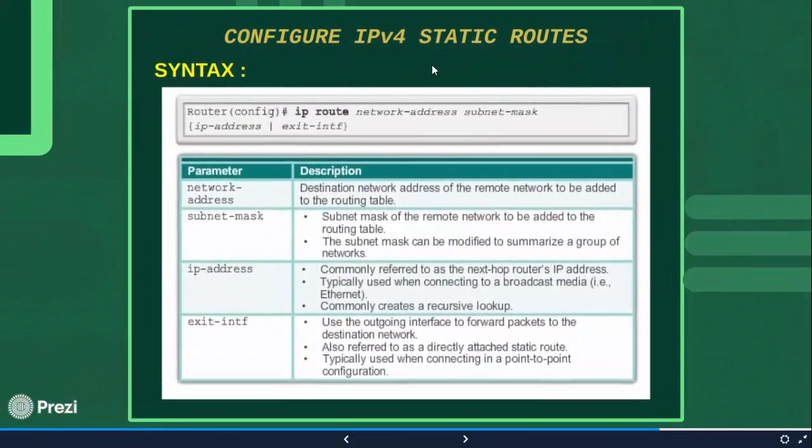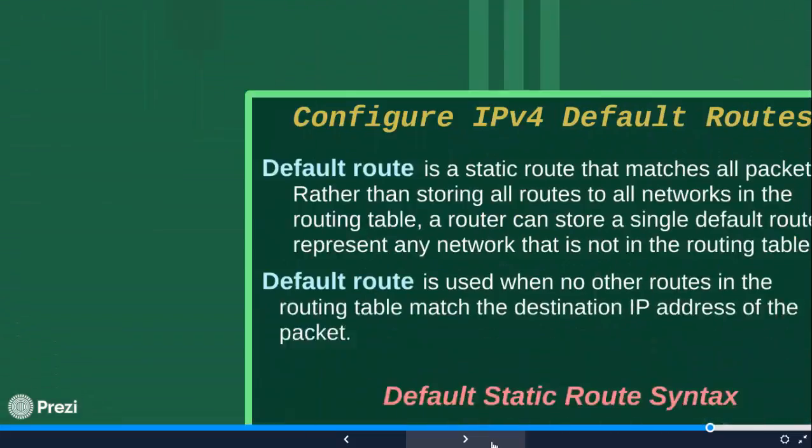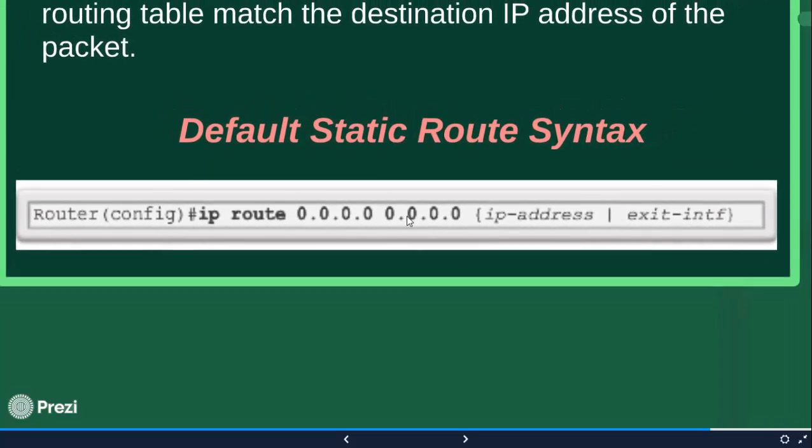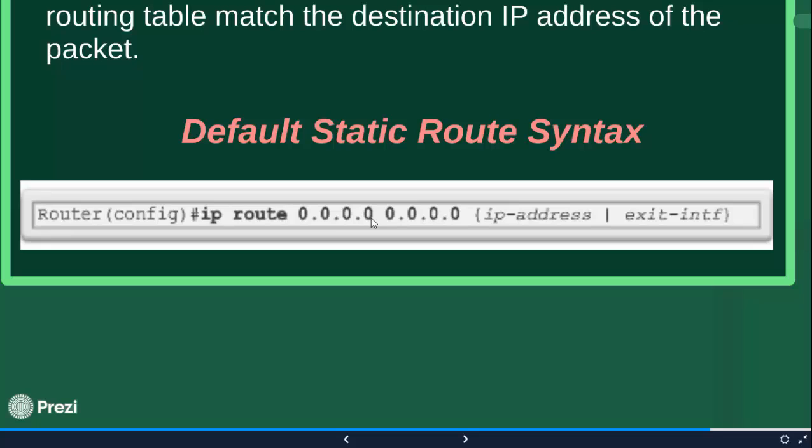To configure IPv4 static routes, this is the syntax in router config: ip route, network address, and then subnet mask, and then the exit interface or IP address. As an example, we had it last time. We configure this on the routers: ip route 0.0.0.0 0.0.0.0, and then the exit interface IP address.